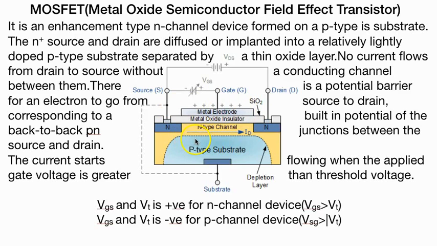Because of this high deposition of charges, an electric field will be generated, and that electric field will attract the negative charges from this P-type substrate near the end of the metal oxide layer.